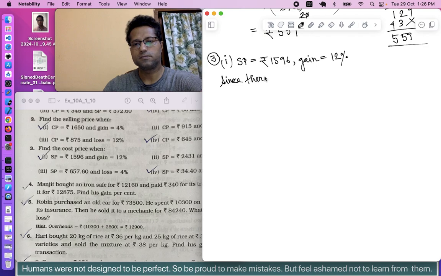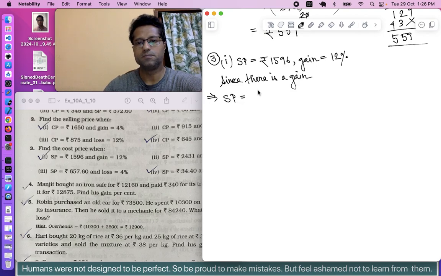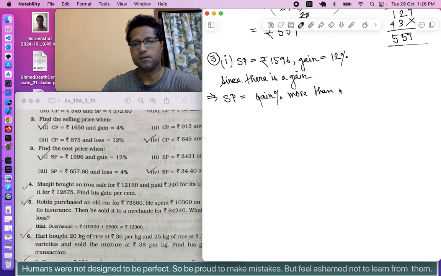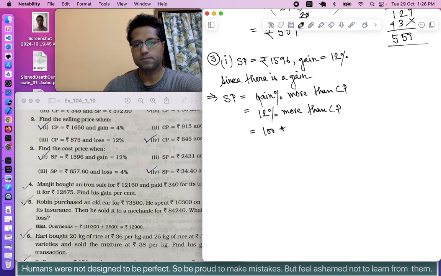Since there is a gain, we can say that selling price must be equal to gain percent more than CP, which is equal to 12% more than CP, which means 100 plus 12% of CP.